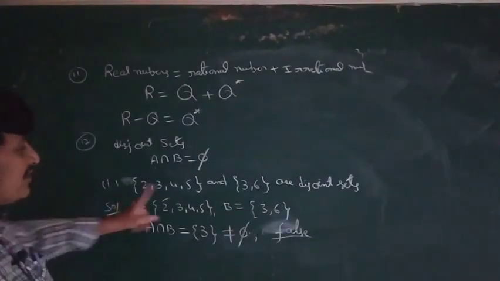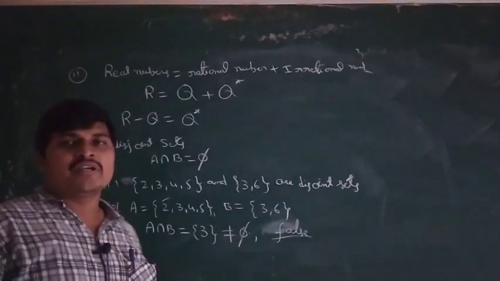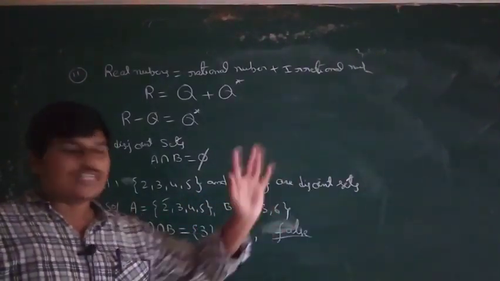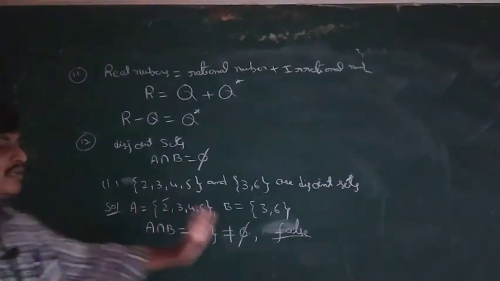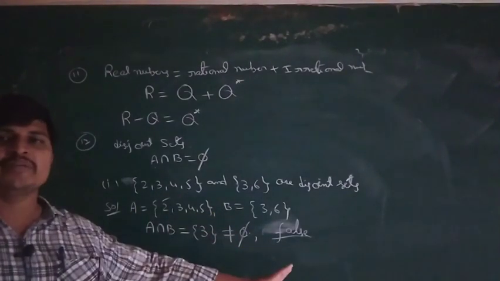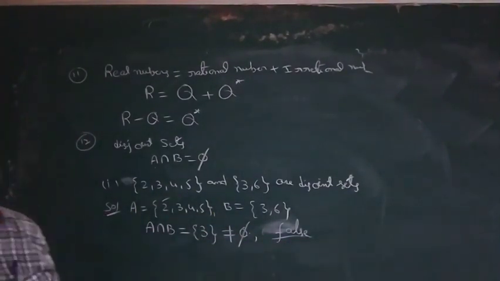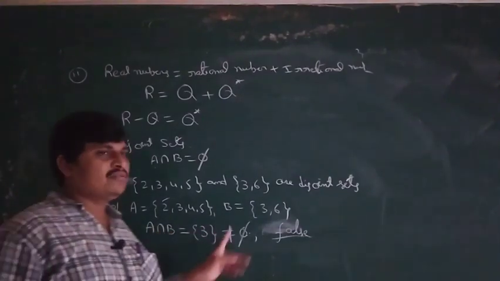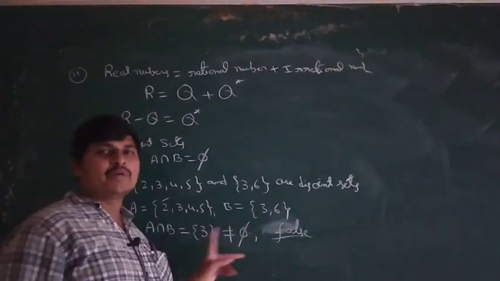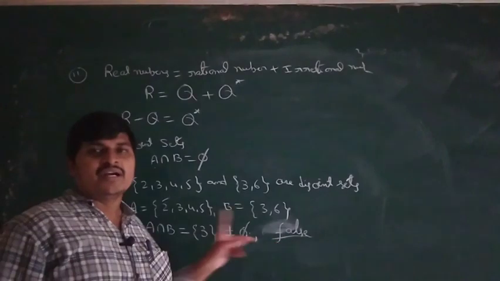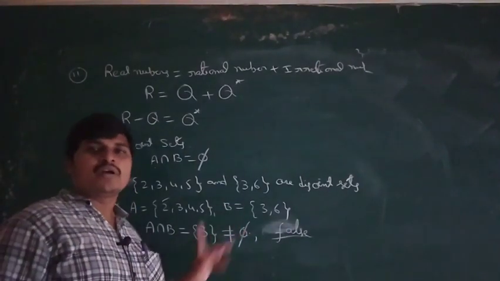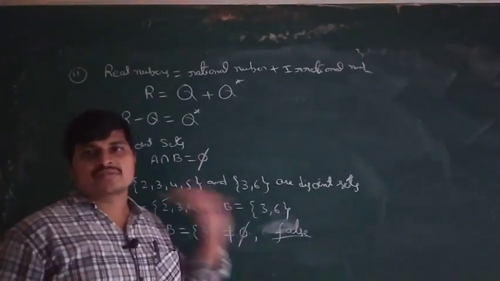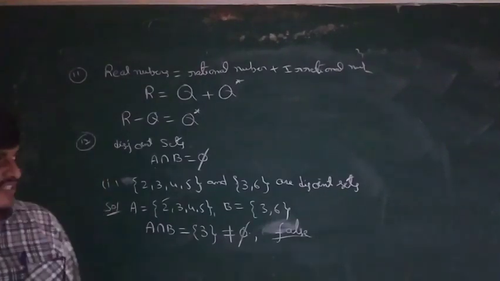So check whether the following sets are disjoint. Equal to phi means disjoint, which is true; not equal to phi means not disjoint, which is false. This exercise is completed.